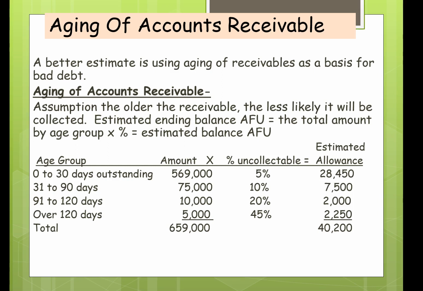But when we get over 120 days, we're assuming 45% chance those won't be collected. So when we take the amounts times our estimate, and we total those up, we're saying of the $659,000 of accounts receivable, we're estimating that we won't collect $40,200, which should be the balance in your allowance for doubtful account.